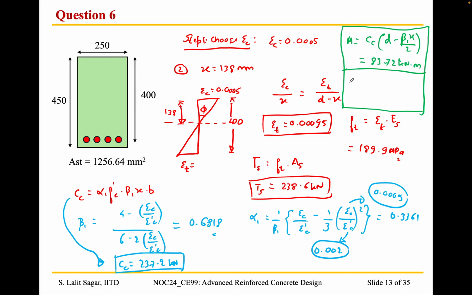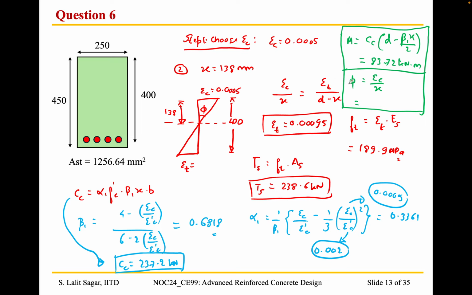Okay, and we have the value of phi is equal to epsilon c by x, where epsilon c is essentially the strain in the extreme compressive fiber.